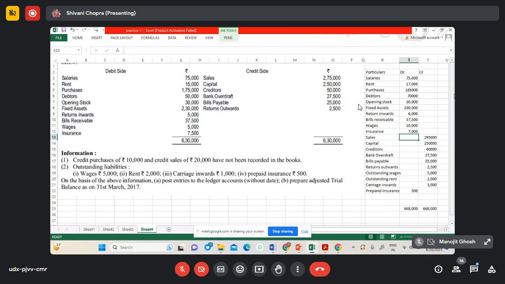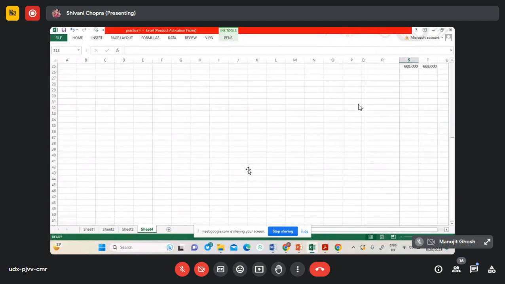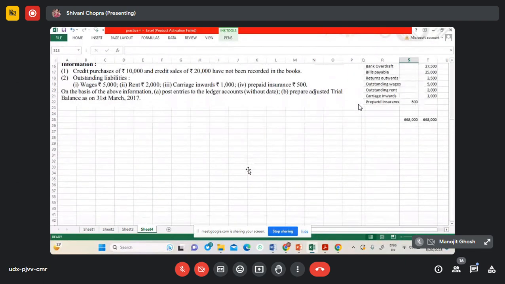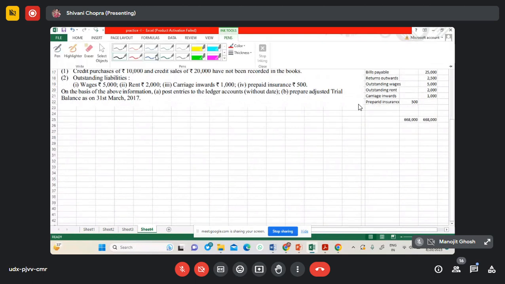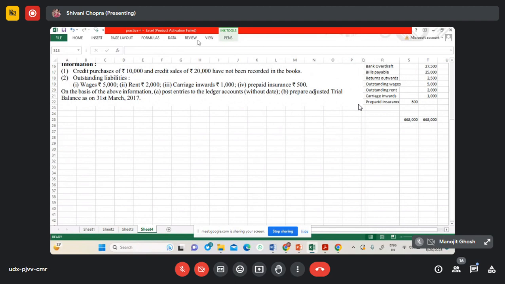This will give us a balance. Fine. Is this okay? I hope this is okay. But the point here is, whenever we are making up an adjustment, who would like to discuss this or tell me about this a little further? This is additional information.